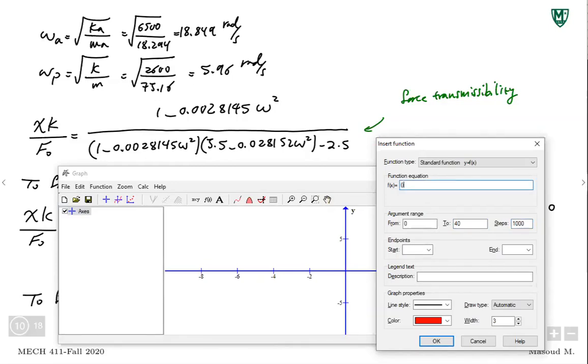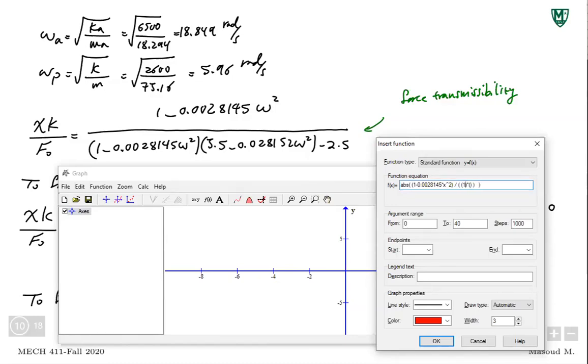The equation is something divided by something. So numerator is 1 minus 0.0028145 times x squared. Remember, I'm plotting the absolute value, so I have to put ABS. That's the absolute value function in the graph.